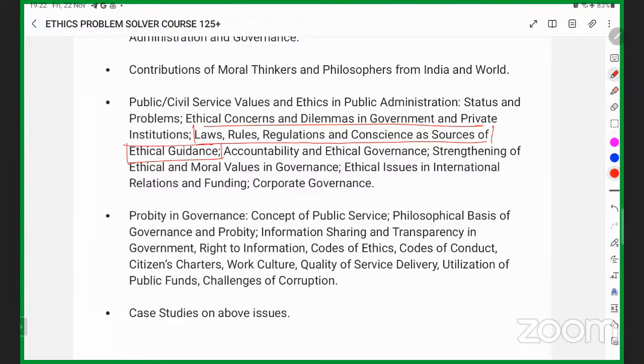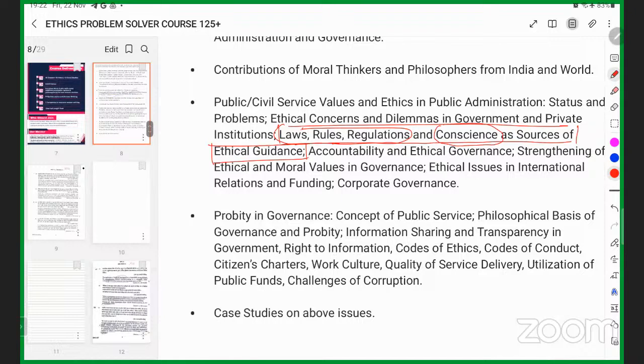To prevent non-ethical conduct, we need to make stringent laws, rules, and regulations, plus their proper implementation and better training of the conscience. So these are the basic points from which you will be writing the answer. Once we start our course, I'll be talking about these aspects in some detail. But the very idea why I'm showing you this is to highlight that the questions were very simple till 2021.